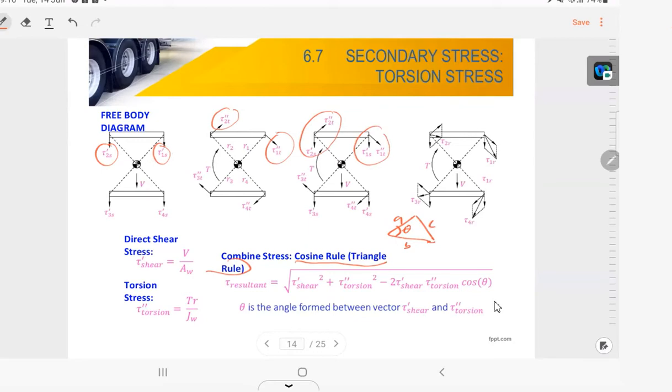We have calculated the centroid, and then we know the R1, R2, R3 because that is the torsion later on, because you need to calculate the torque.